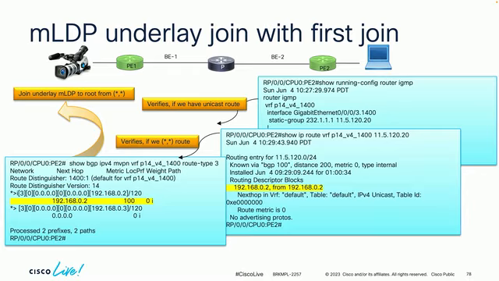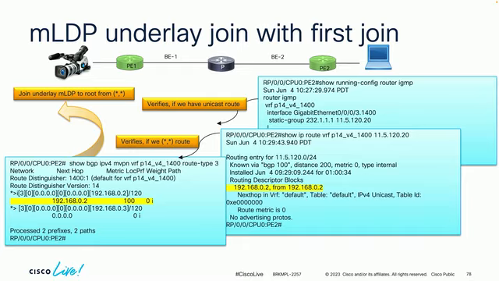The second part is, as we were saying, that when you have partitioned MDT, when you receive a join, that is the time you will start building your underlay tree. How exactly are we going to build the underlay tree? The first thing is, I verify my unicast route to a given source. Once it has passed, the second step is I want to verify whether my next hop is capable of doing partitioned MDT or not.